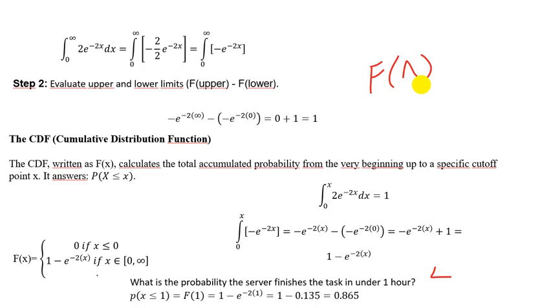Since 1 is within this range, we replace x by 1 and we get 1 minus 0.135, and this is the answer, so 86.5%. So the probability that the server takes less than 1 hour is 86.5%.